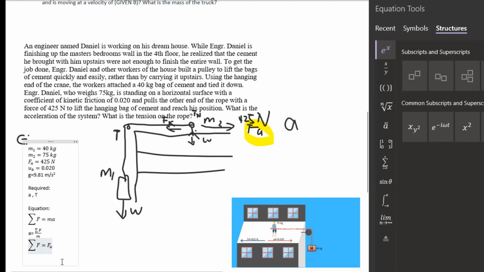Then the opposing force, which is the kinetic friction, this one. And it is opposing the applied force, therefore it is negative.